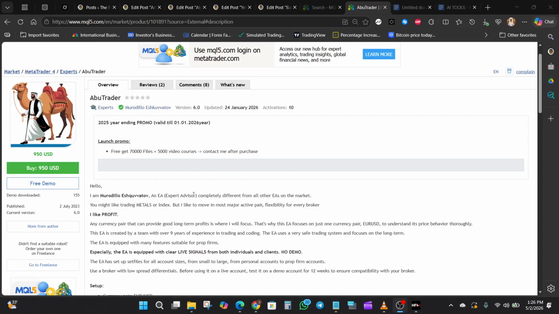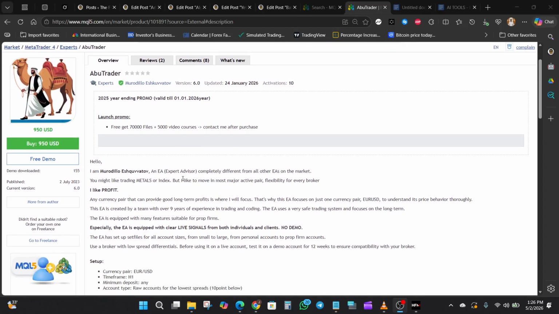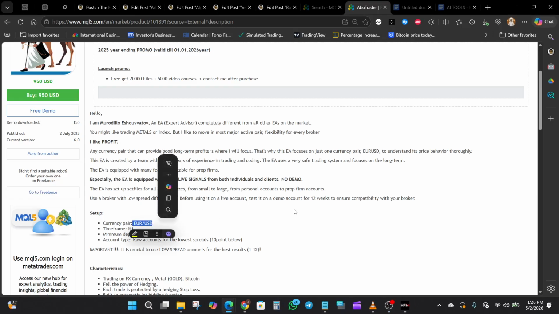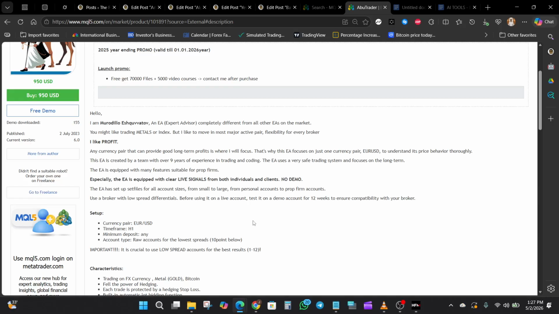Okay, and we can see that the EA is positioned as a long-term flexible trading system with a strong emphasis on Euro USD. Even though the developer mentions it can be used on metals and even crypto, the core optimization is clearly around Euro USD on the H1 time frame. All right, so that is important because it tells us where the EA is most likely to perform consistently.